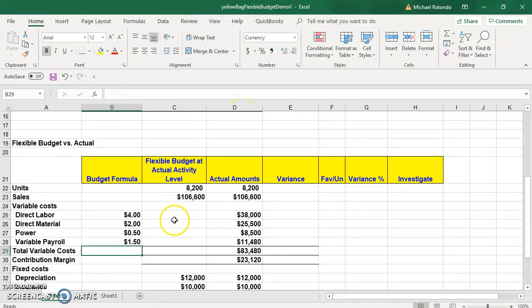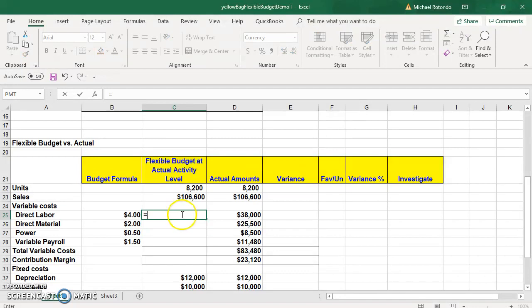Okay. So in order to get our flexible budget at actual activity level, in other words, if we were doing the master budget at the actual activity level, let's see what we come up with. So we're going to take the actual units times the direct labor per unit in the master budget, and we have 32.8.